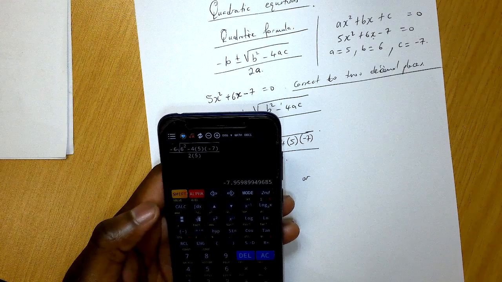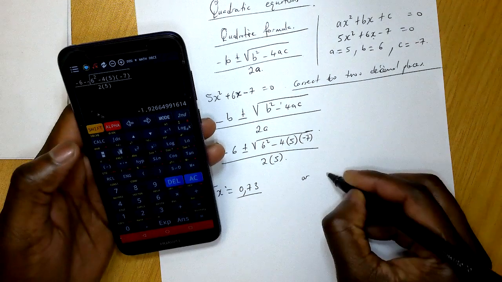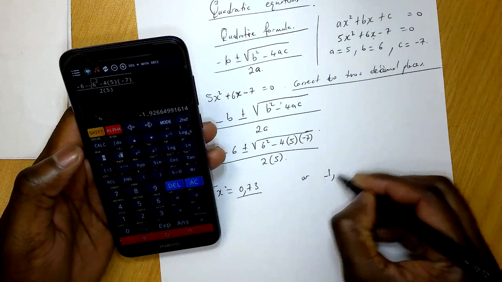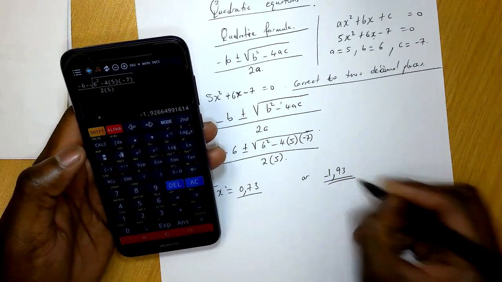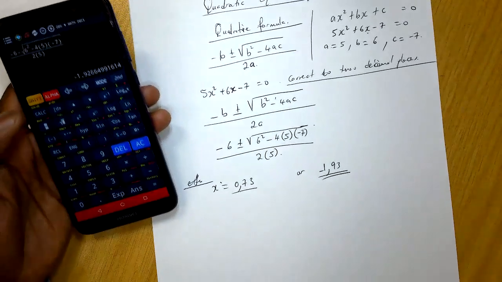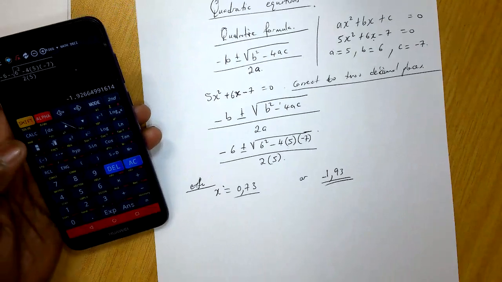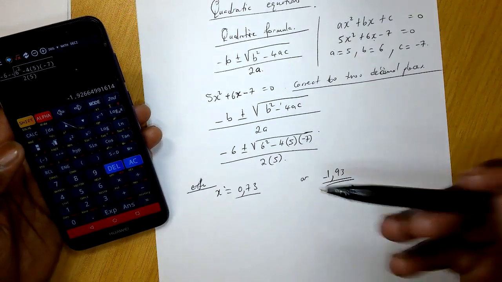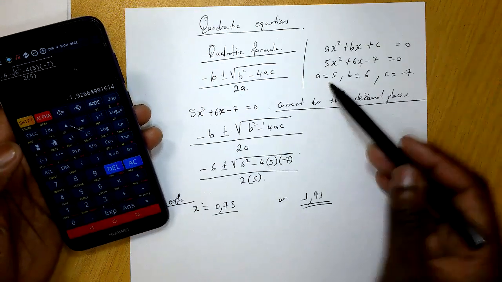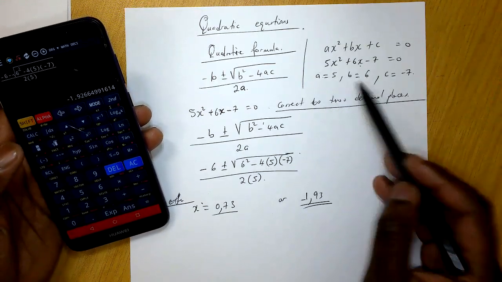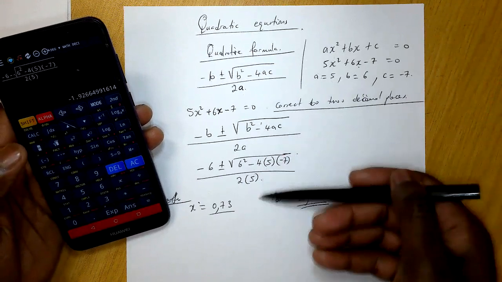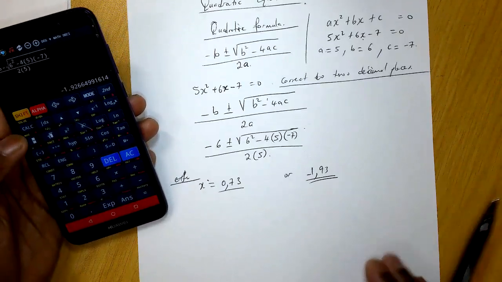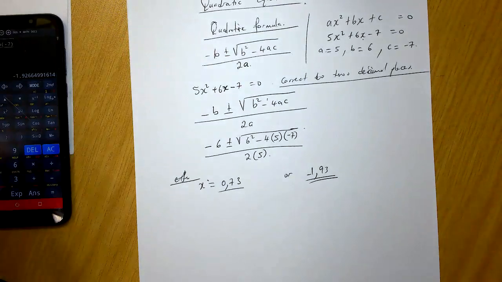So let's put negative here and see what we get. Or negative 1.93. Those are the two answers that you must get here. So always remember to write the formula first, then write down the values of a, b, and c, and just substitute them into the general equation. Then you won't have a problem there.